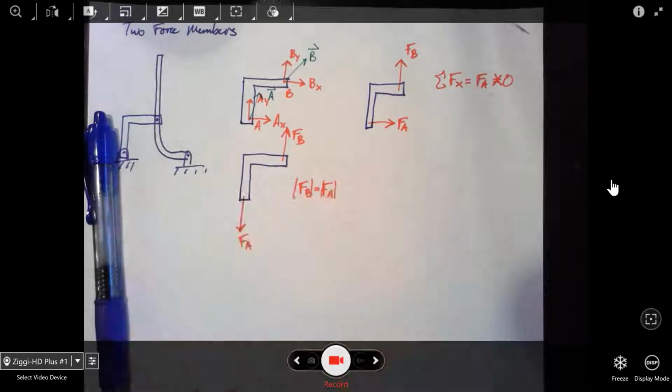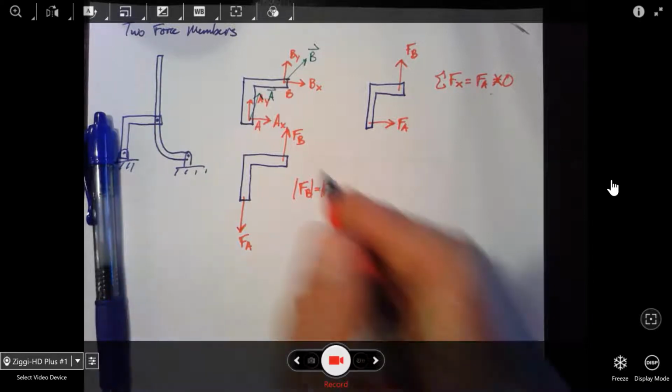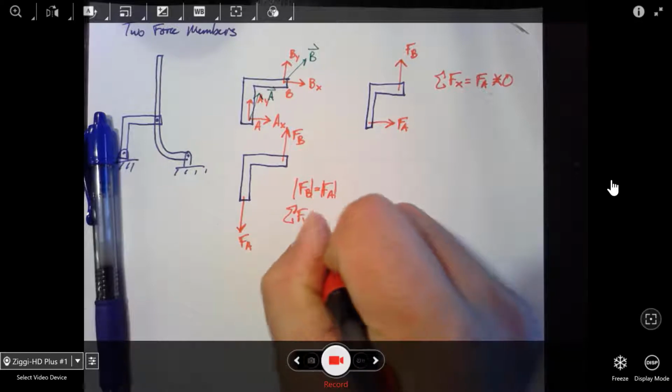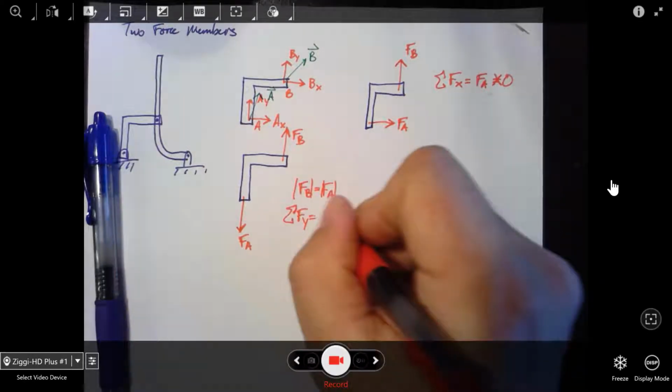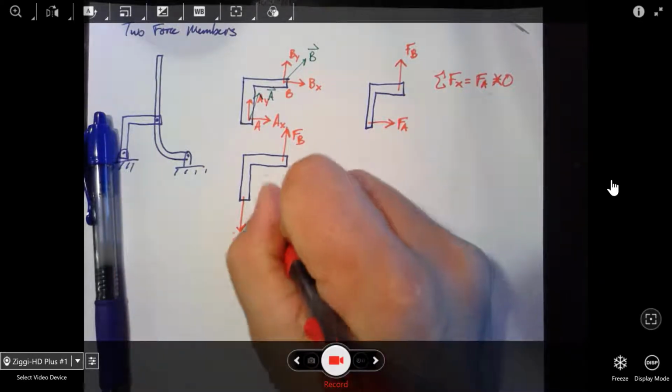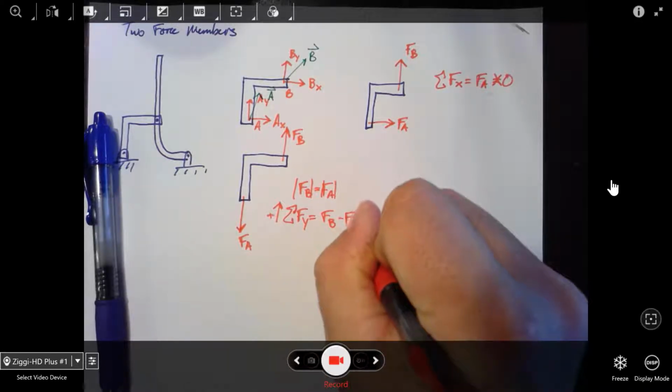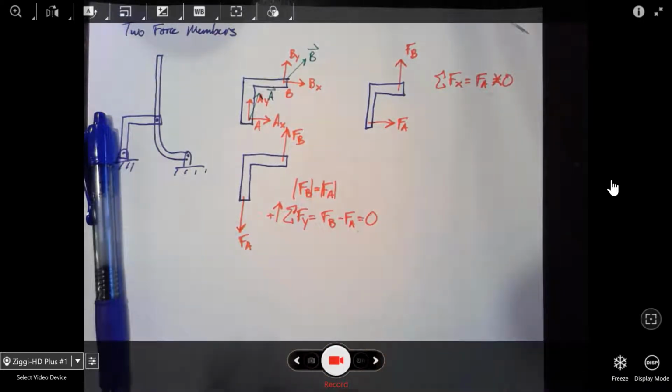Now are we in static equilibrium? Think about that for a second. If we sum our forces in the y direction, and let's assume up is positive, we're going to have F sub B minus F sub A, and that indeed does equal 0, right? So is it in static equilibrium?